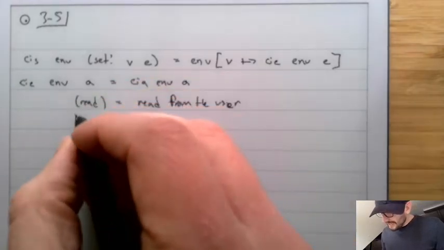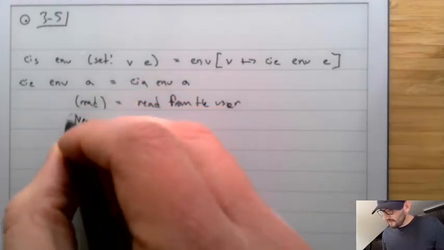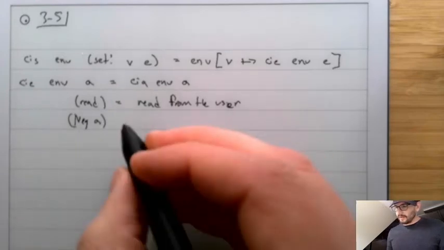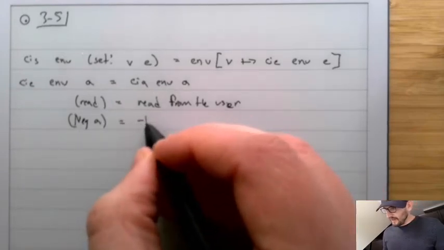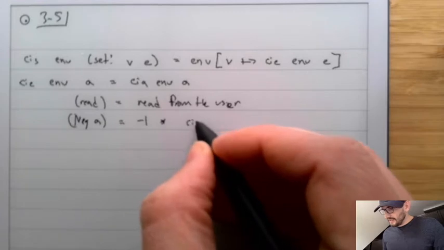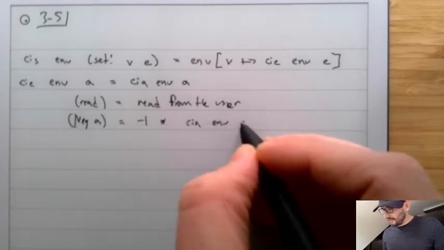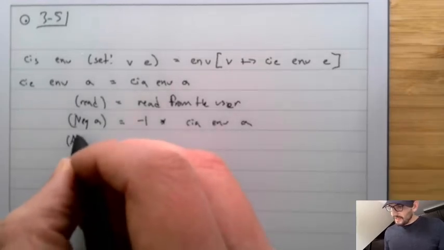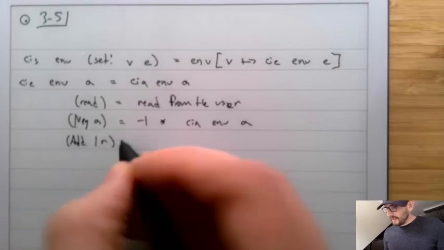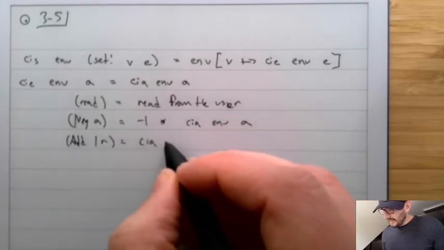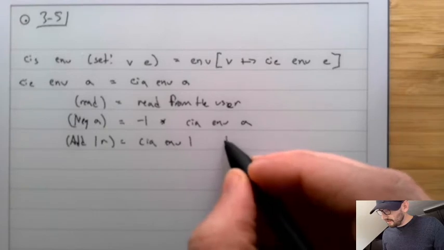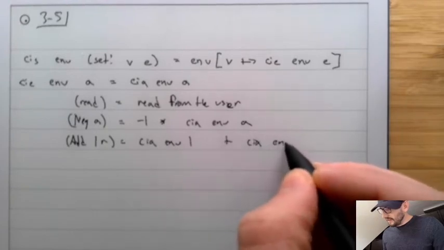It could be a negation of some argument, in which case we'll have -1 times CIA of the environment and the argument, or it could be an addition of a left and a right, in which case we'll do CIA of the left plus CIA of the right.